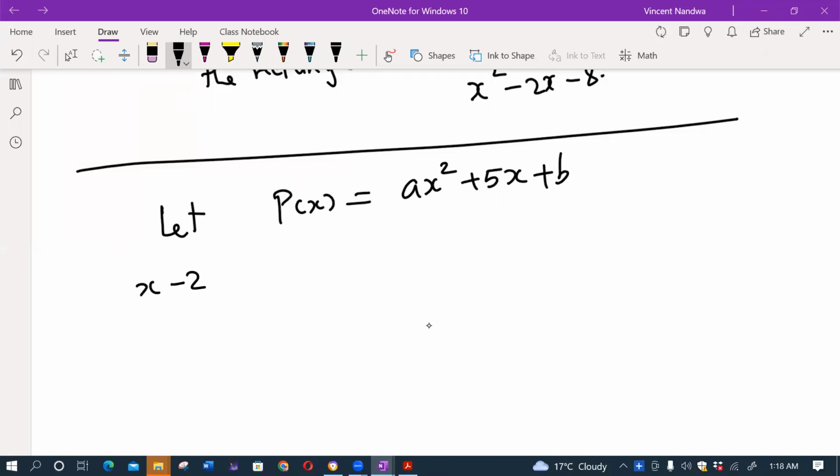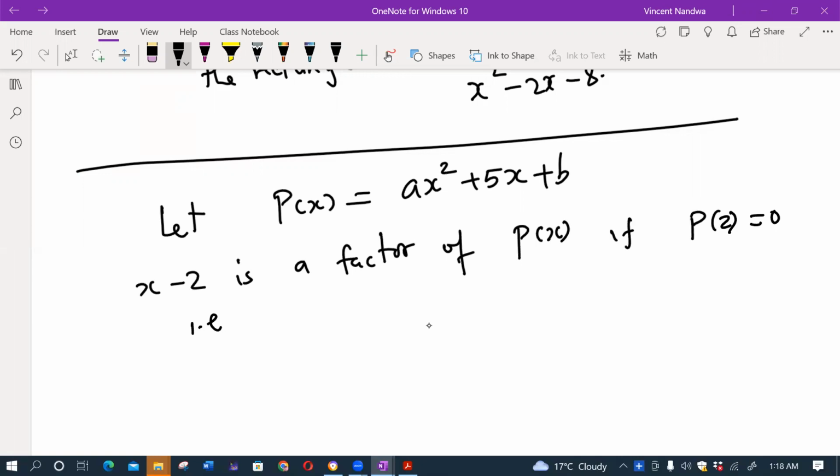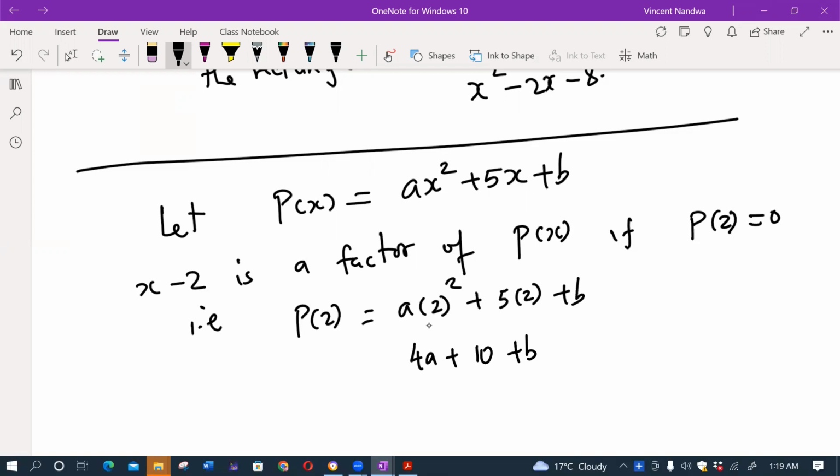So x minus 2 is a factor of p of x if p of 2 equals to 0. That is, p of 2 is a into 2 squared plus 5 times 2 plus b. So it will be 4a plus 10 plus b equals to 0. So 4a plus b equals to minus 10.